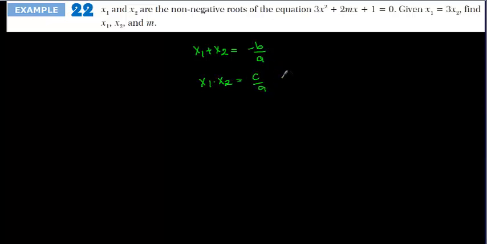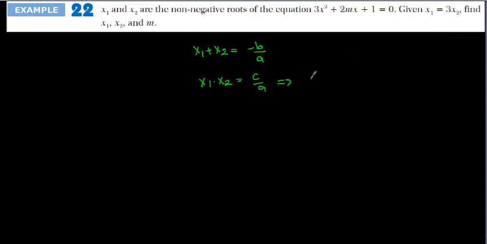Here c over a is closer to me, because c over a is given, and x1 times x2 also. Here you may find x2 in terms of x1, because x1 is equal to 3x2.